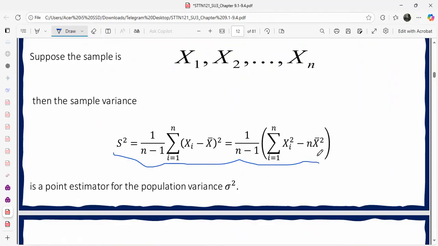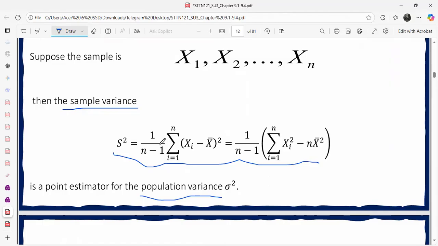But remember, after getting the standard deviation, you need to square the value that you got. If it's not multiple choice, you have to show your workings using this formula so you can get full marks. So a point estimator of a population variance is the sample variance.